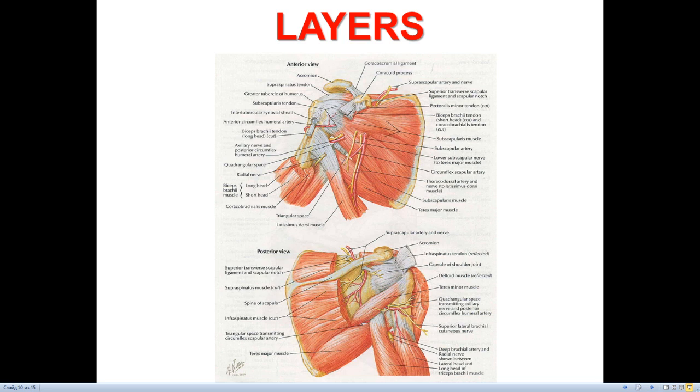The axillary cavity is filled by adipose tissue, in which rest vessels and nerves and lymphatic nodes.